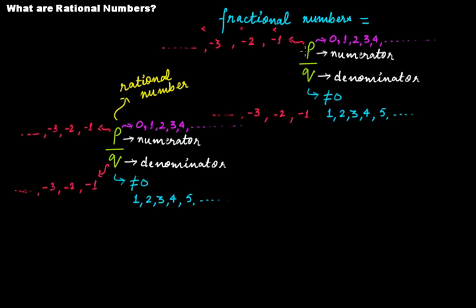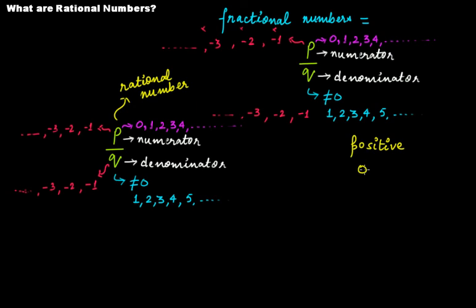A fractional number cannot take a negative integer in the numerator and cannot take a negative integer in the denominator. Therefore, p over q will always be positive, because it cannot have a negative integer either in the numerator or in the denominator. Positive, or it can be 0. Remember, 0 is neither positive nor negative.